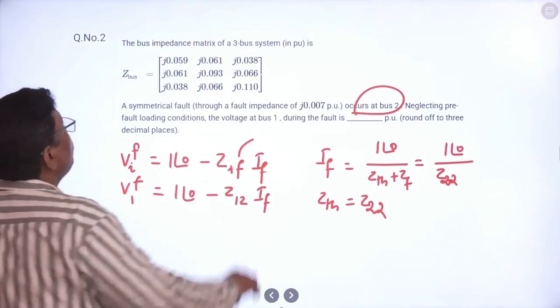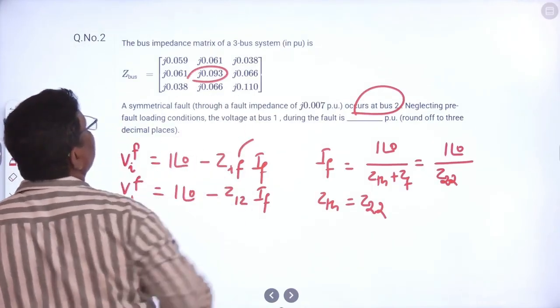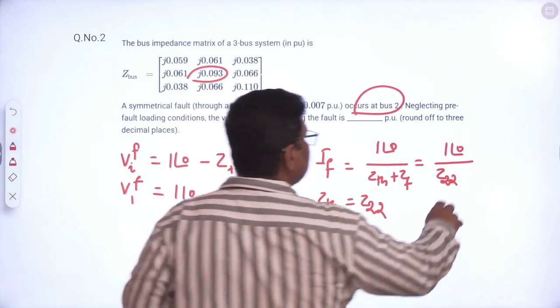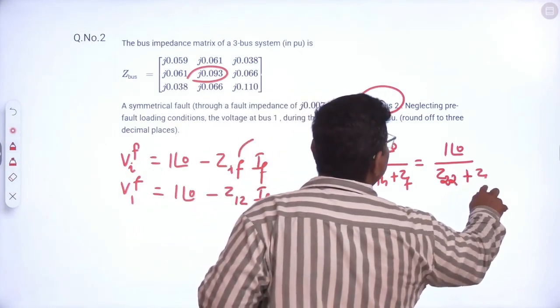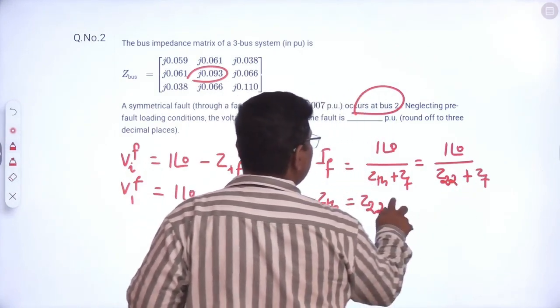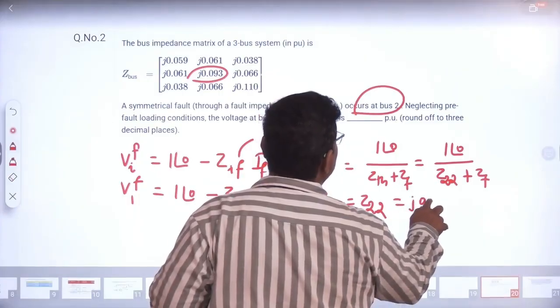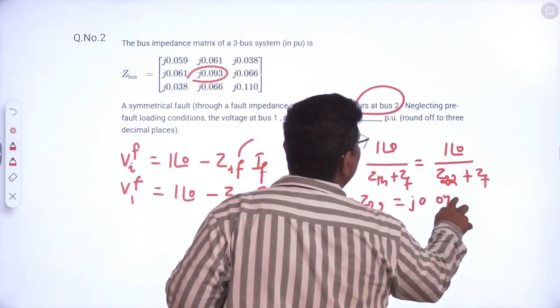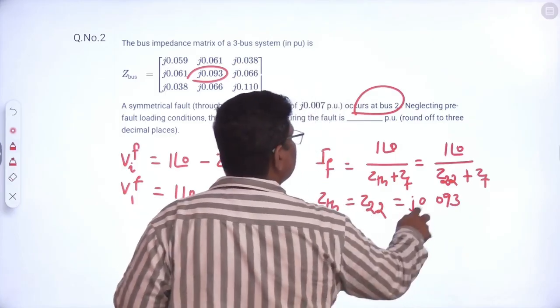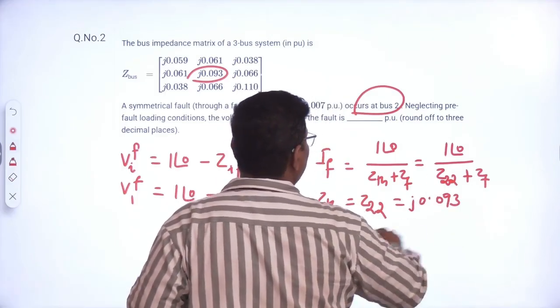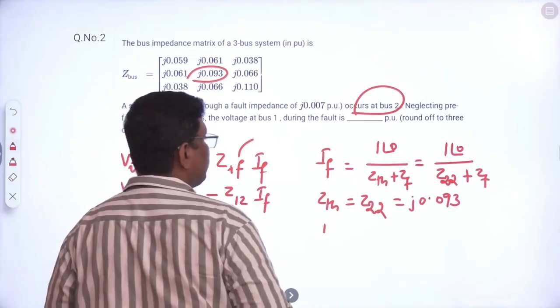So what is the Z22 value? Z22 value is 0.093. That is the Thevenin impedance value, not the fault impedance.